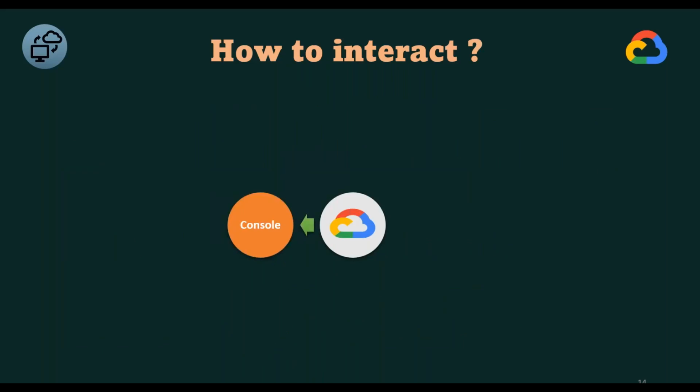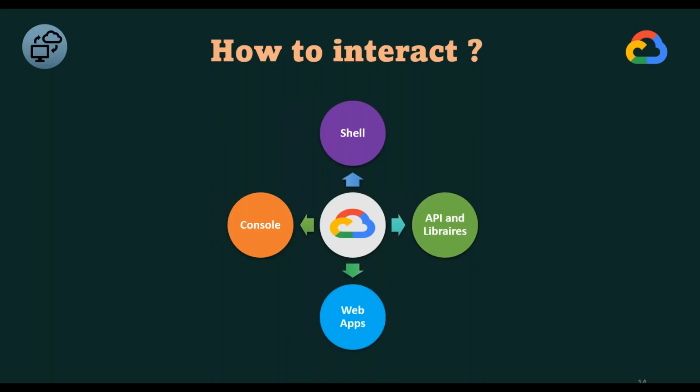We have a console, which is a web user interface. We have Cloud Shell, which is a web command line tool interface, and we have APIs and libraries to interact with the services in GCP. We have web applications or web services, or applications which are connected to GCP services.